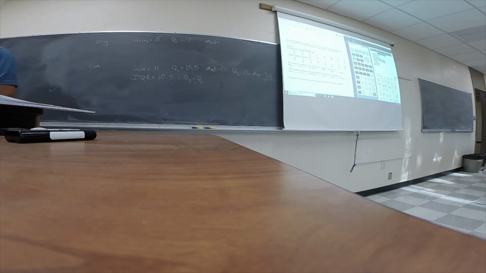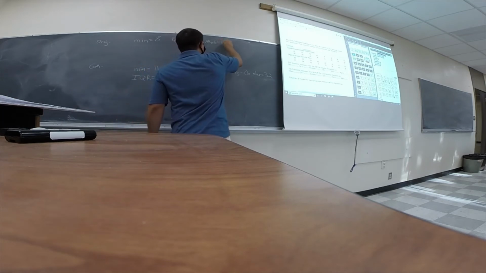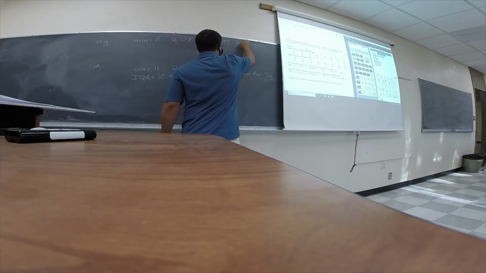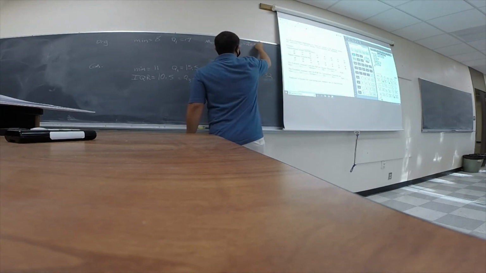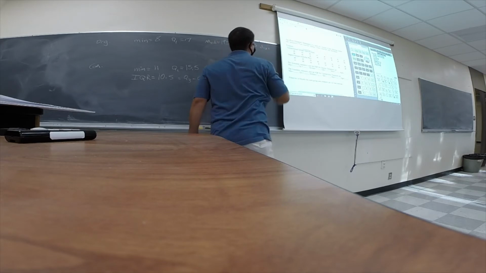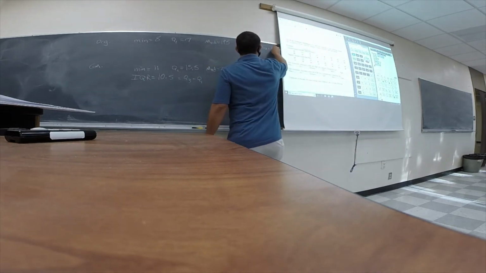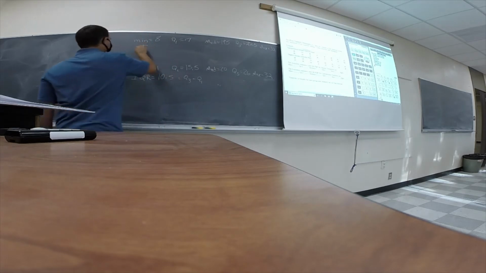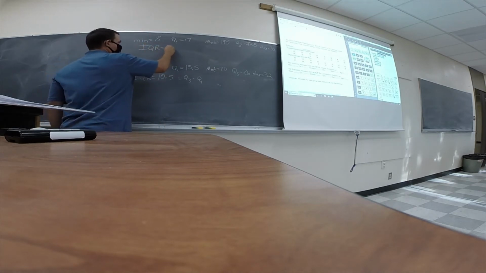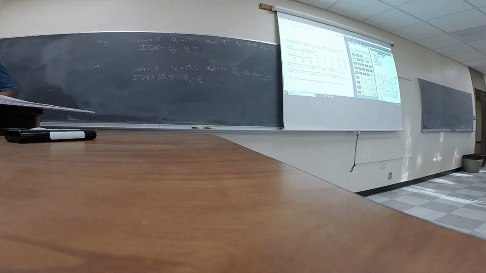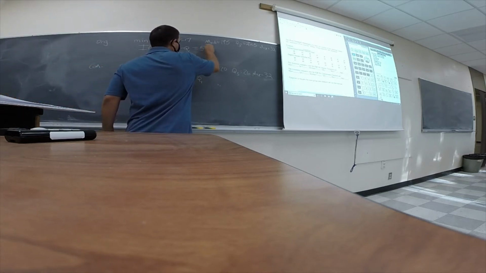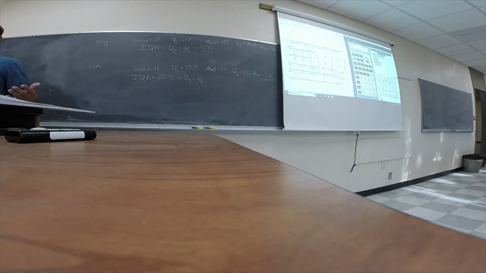Median here is 19.5. My Q3 is 22.5. My max here is 32. Okay, I got to find my IQR. IQR is Q3 minus Q1. So my IQR is what? 5.5? Yes. Everybody good with finding those numbers? Okay.